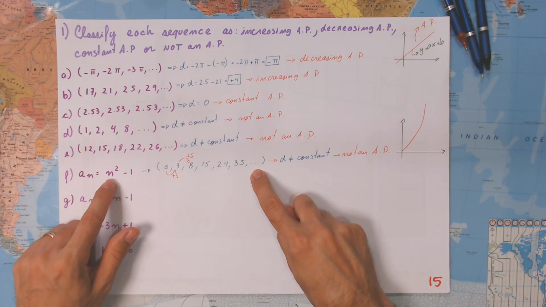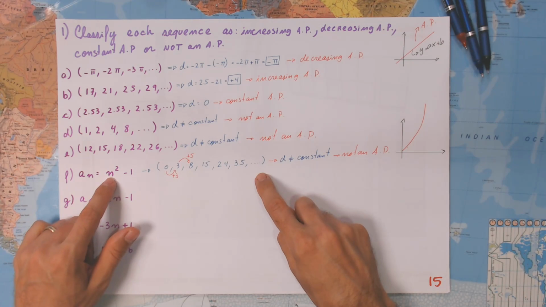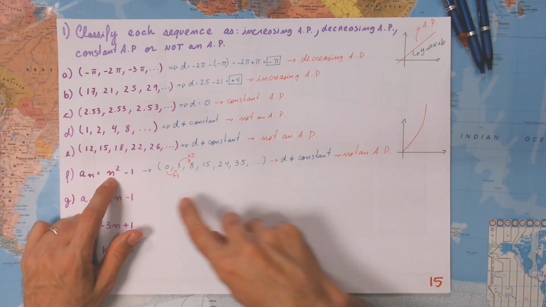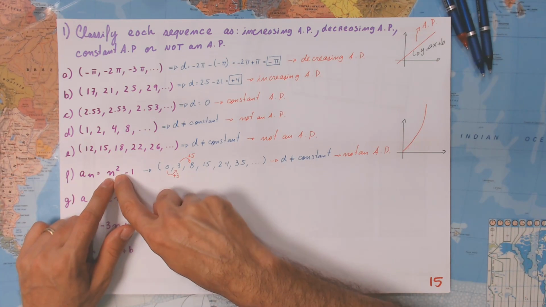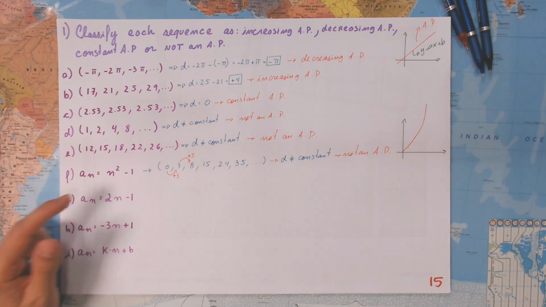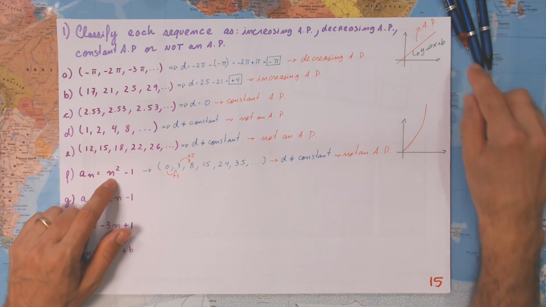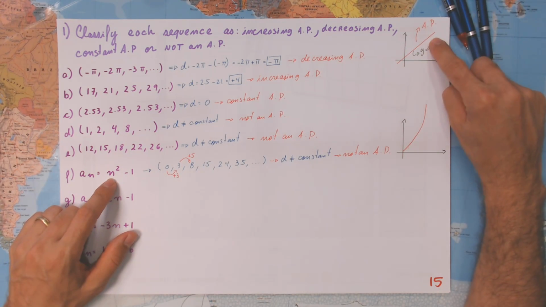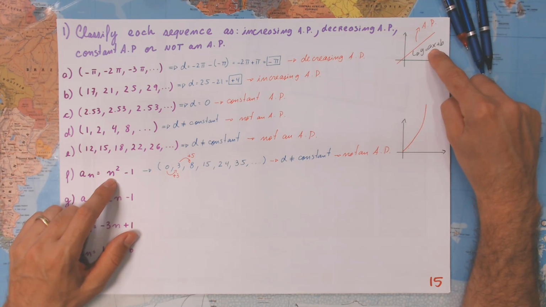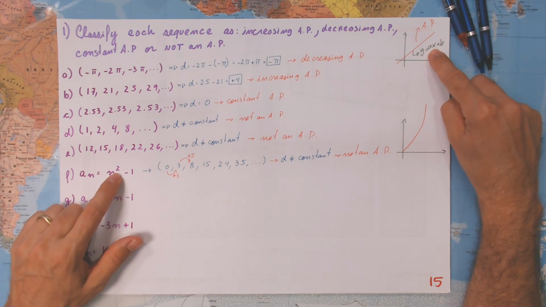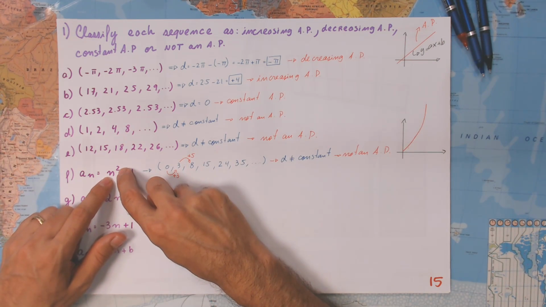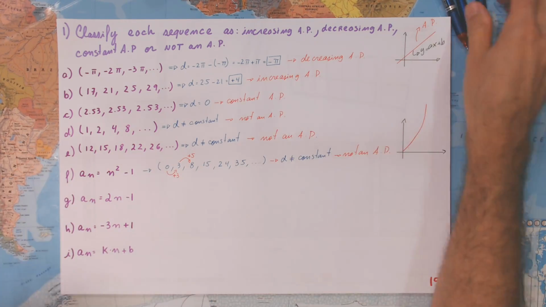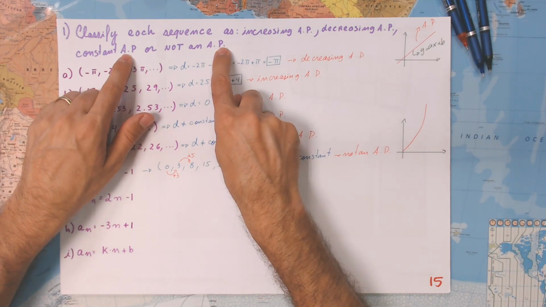Whenever you see that the term, the n, doesn't matter, is squared, it is not first degree, so it's never going to be an arithmetic progression. To be a straight line, it must be first degree order. So whenever you see squared, cubed, n to the power of half, if it's not 1, it's not going to be an arithmetic progression.